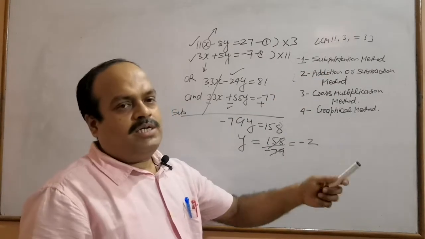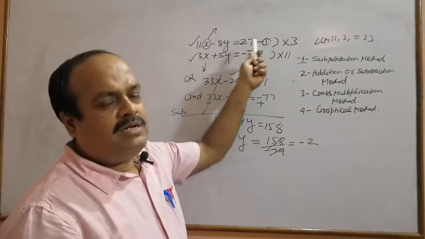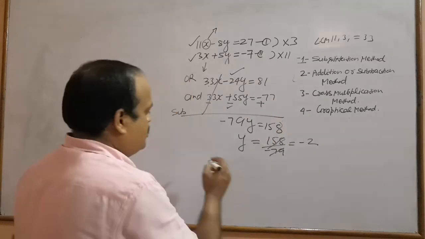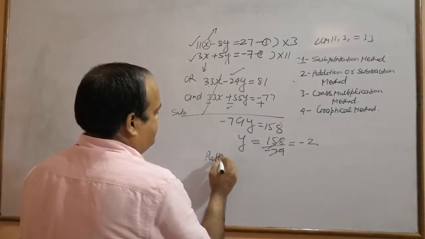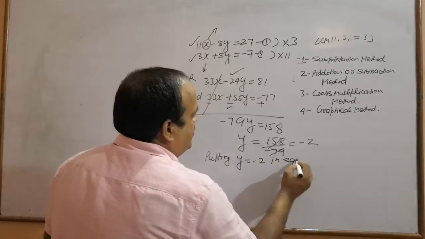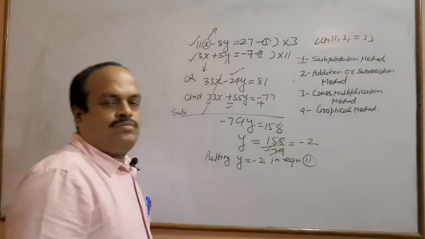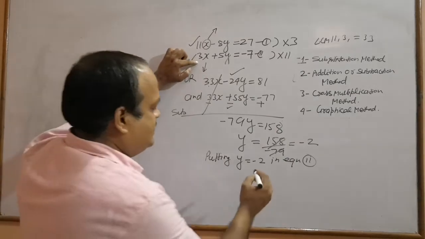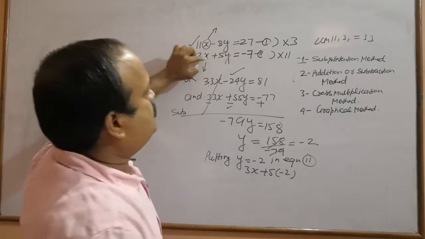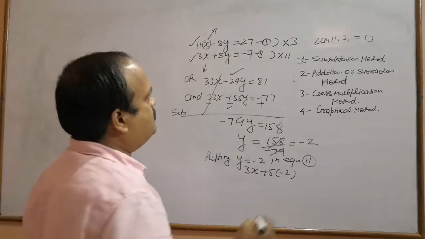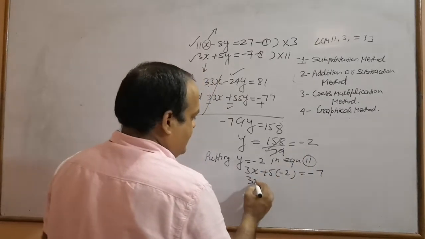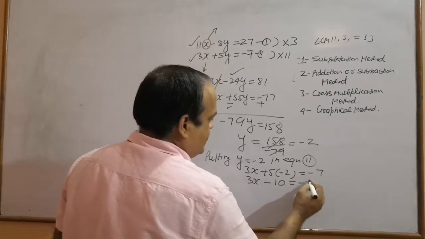This value of y you can put in either the first or the second equation, it is up to you. So putting y equals minus 2 in equation 2: 3x plus 5 into minus 2, the value of y is minus 2, equals minus 7. 3x minus 10 equals minus 7.